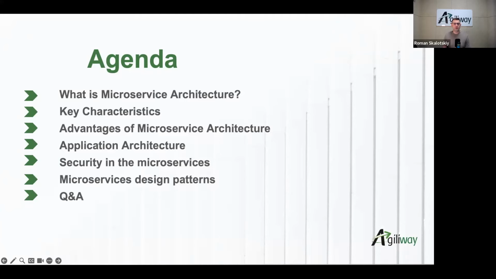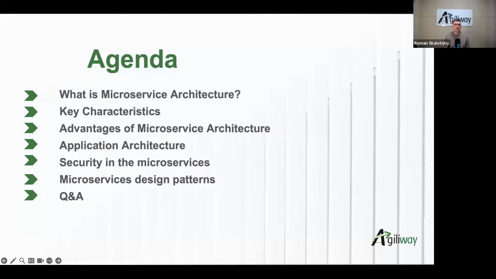So let's break down what you can expect from today's session. My presentation structure is as follows. First of all, we will start with what is microservice architecture and why is it so popular in the world of development.